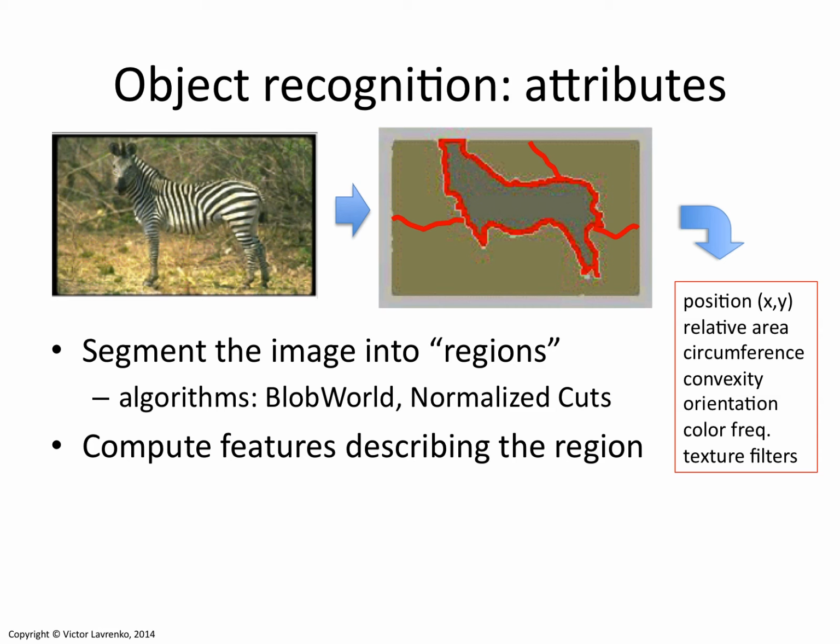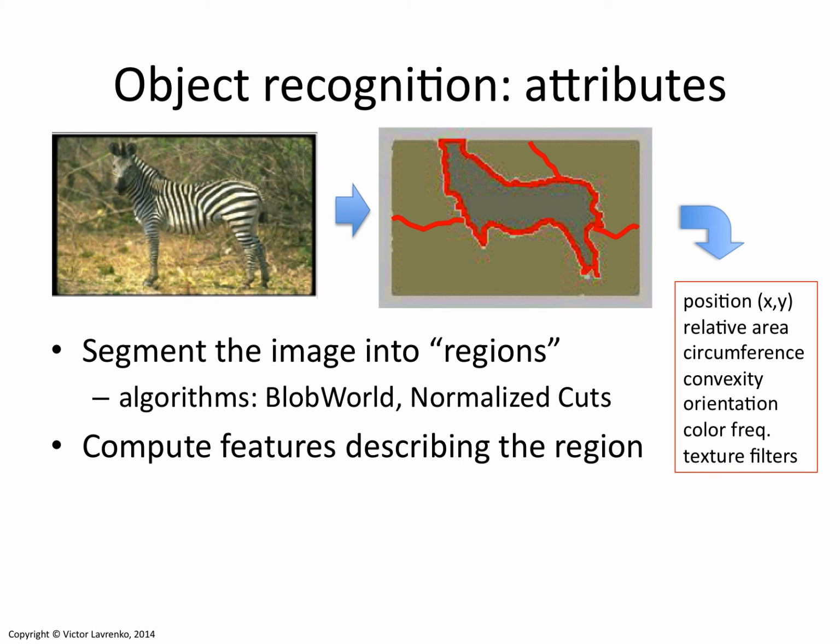So a sun would have a very small circumference to area ratio, and a very non-circular object would have a high ratio, so that's a useful thing to have. You could also look at things like the color frequencies themselves. So this region would be mostly white and black with a sprinkling of other colors, and other regions would be mostly greenish or yellowish or brownish.